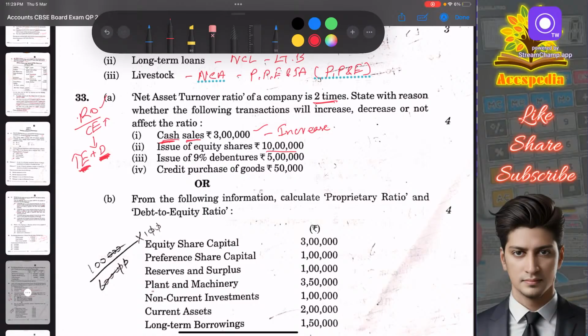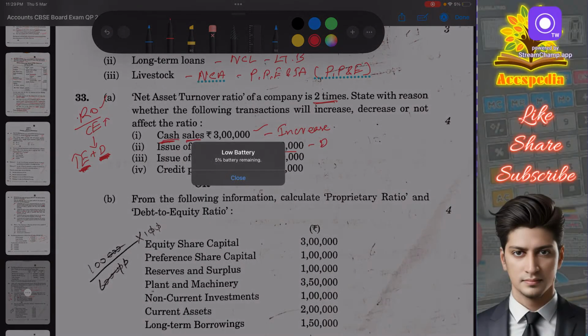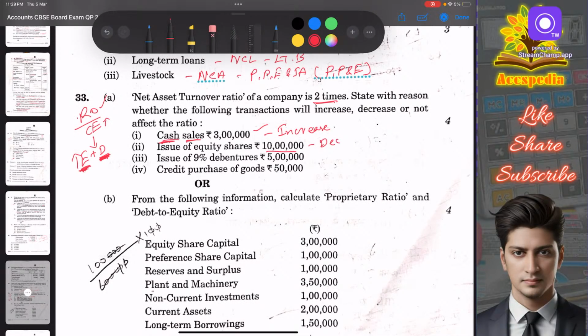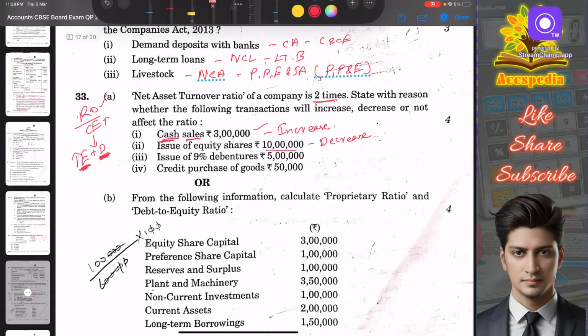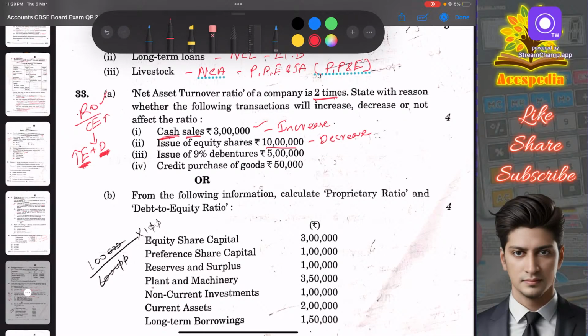Since the denominator alone increases, the ratio will decrease. Okay, I have to do it fast. Issue of 9% debentures, again the same: the debt will increase, capital employed also increases, so the ratio decreases. Credit purchase of goods: stock increases, creditors increase. Current liability and current asset both change, so this has no effect.